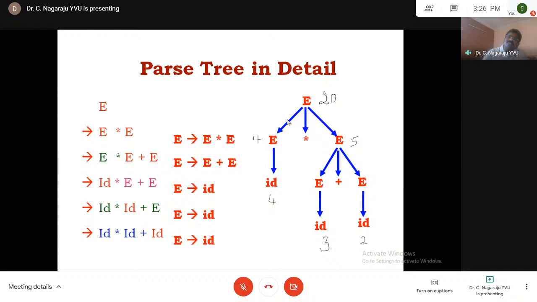After that, we choose this ID for this non-terminal, so which value do you have to represent? Here we directly take the ID, and again we expand E with E plus E. That means this selection is very, very important while we are deriving the tree.